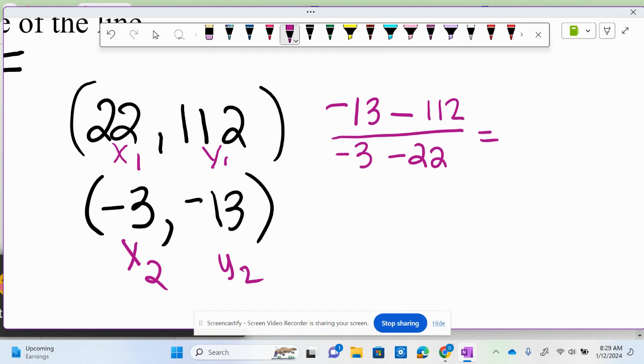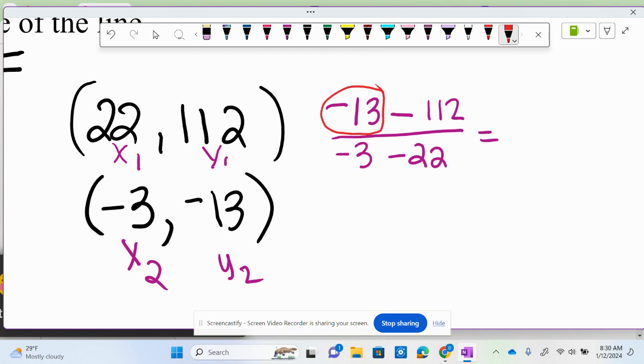So what is -13 minus 112? Are the signs of these two numbers the same or are they different? They're the same. So I'm just going to add them together and keep the sign. 112 and 13 equal 125, and it's negative.